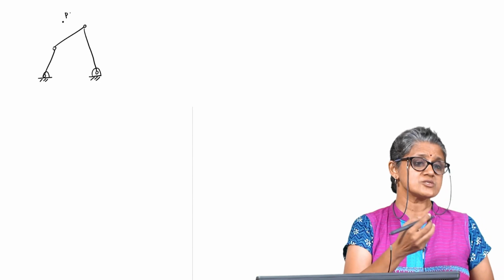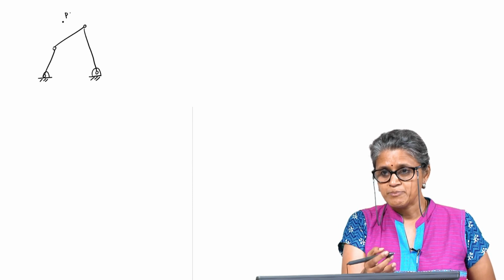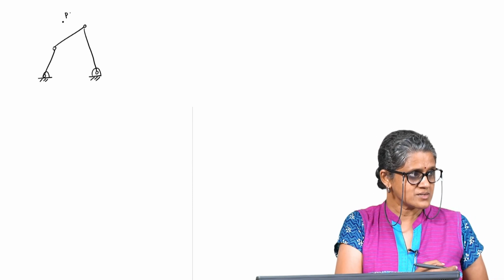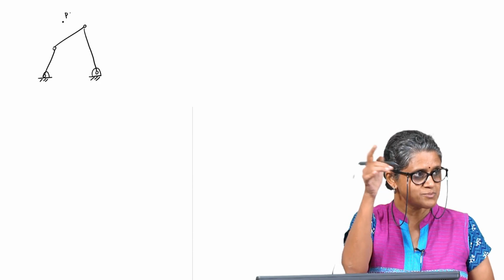So, now suppose I want to find the position of some specific point. If I was solving a path generation problem, I would want to know whether my point is hitting those specific positions, or even in a motion generation problem I want the position and the orientation.